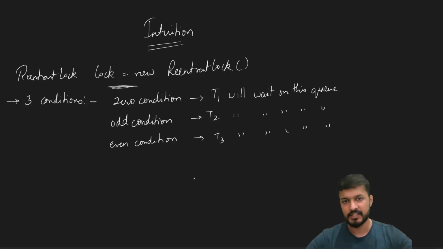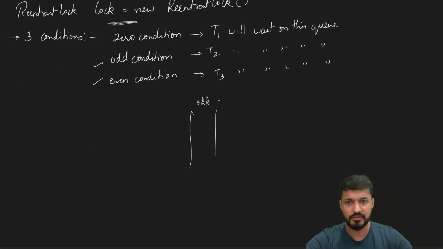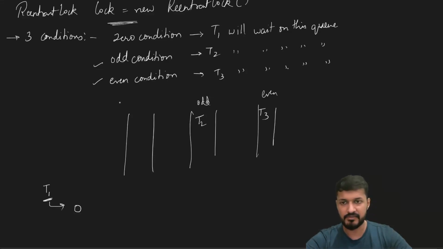Initially we'll give control to T1, which is responsible for printing 0, correct? Apart from that, we will make T2 and T3 wait on their respective queues, right? So if this is the odd queue and this is the even queue, T2 will be waiting here and T3 will be waiting here, right? And also we have another queue which is the zero condition queue, right?